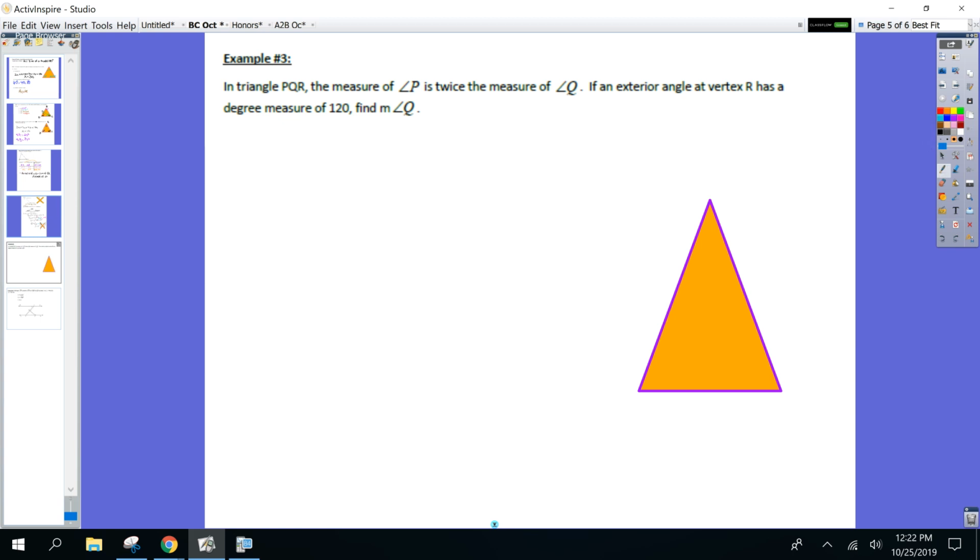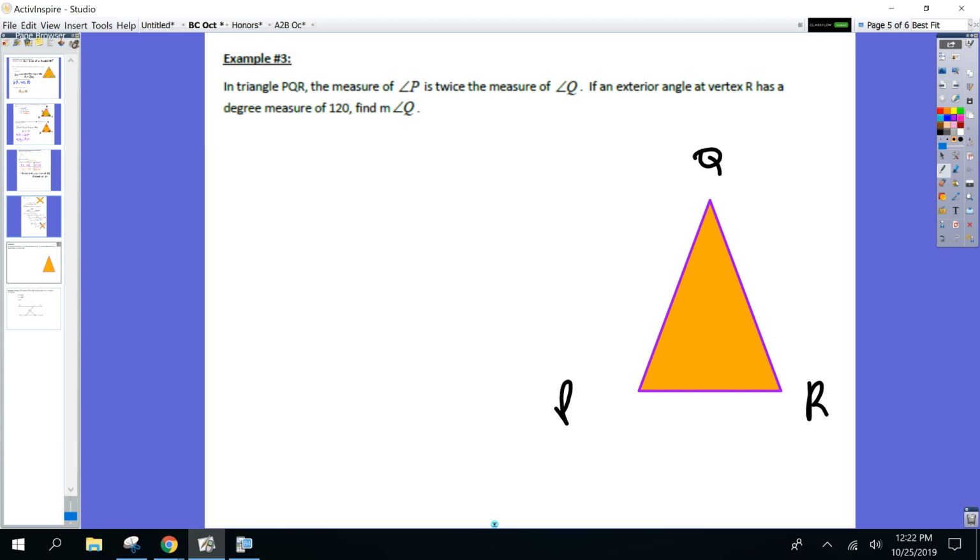Triangle PQR, beautiful. Measure of P is twice Q. All right, how do you want to start labeling this? Measure of P is twice the measure of Q. So how are we starting this out?